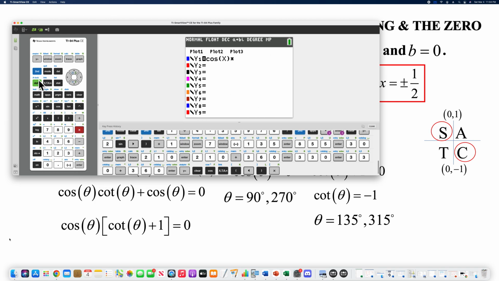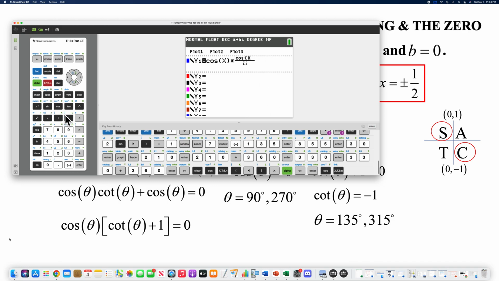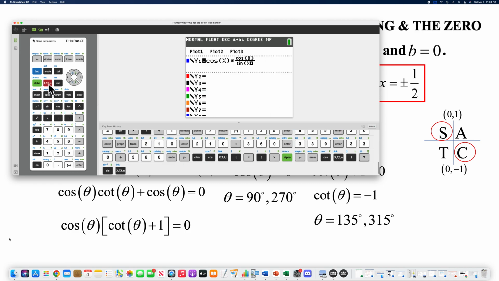We want to put this in as a fraction, so we want to put cosine x on the top, using our quotient identity, and sine of x on the bottom. Then we have plus a cosine x. And I'm still in that same previous window, so I'm going to graph it.